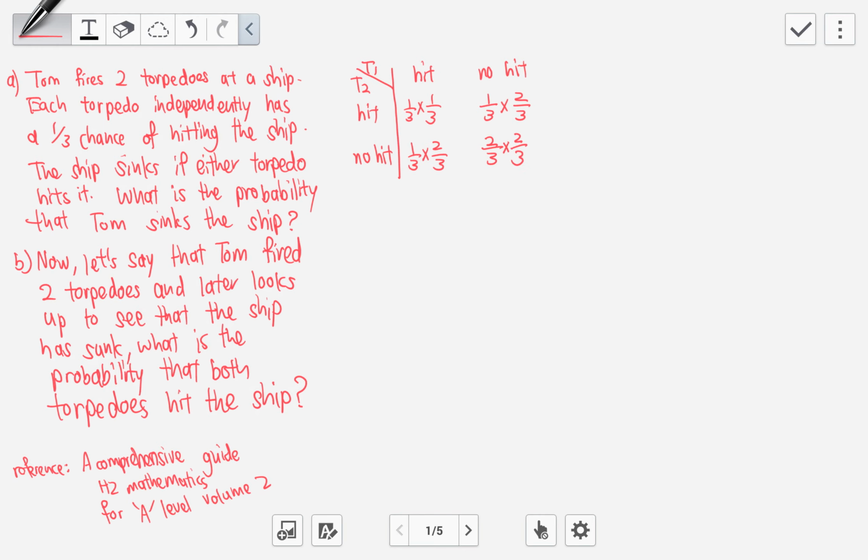So what is the probability that Tom sinks the ship? It is actually this case, and this case. When both don't hit, then the ship does not sink.